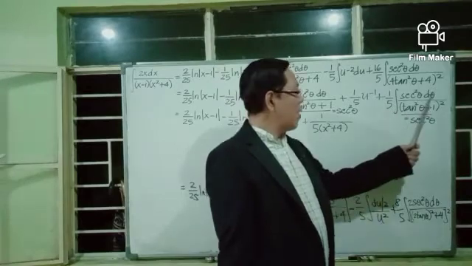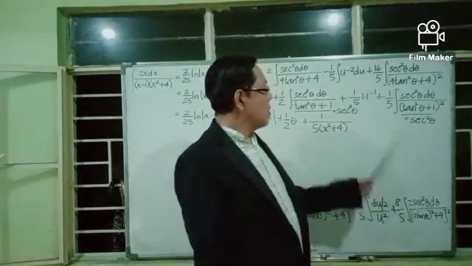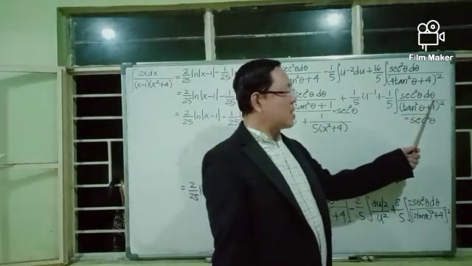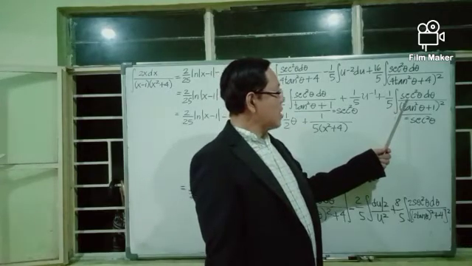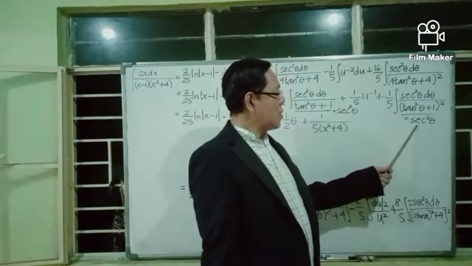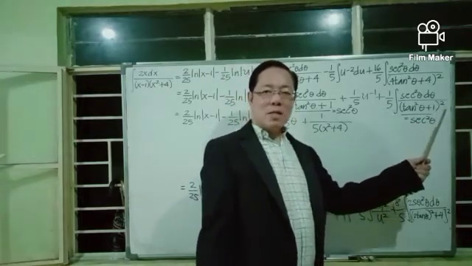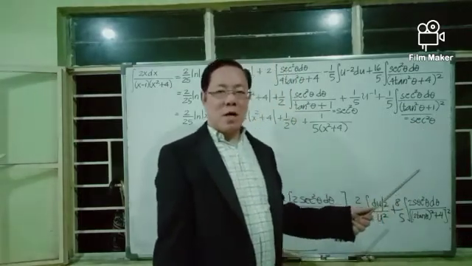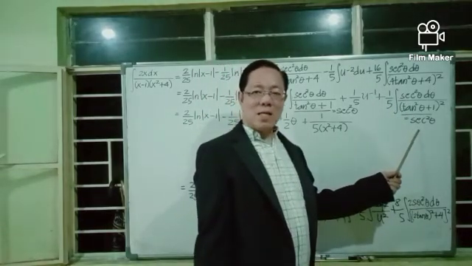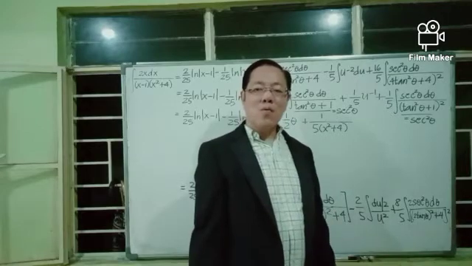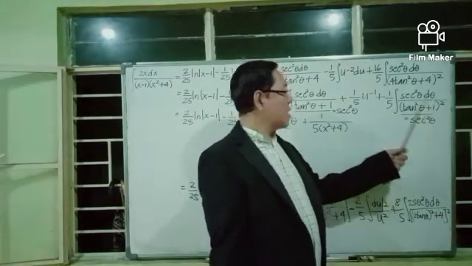And secant squared theta over secant to the power 4 theta simplifies to 1 over secant squared theta multiplied by d theta. So this last term simplifies to 1 over 5 times the integral of d theta over secant squared theta. And we take that integral.